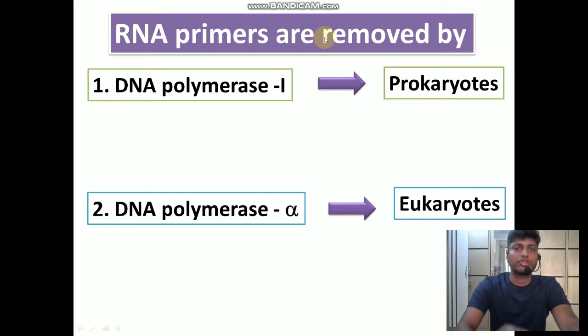There has to be some enzyme involved in the removal of primers. In prokaryotes, the enzyme is DNA polymerase 1, whereas in eukaryotes, the enzyme is called DNA polymerase alpha. So these two enzymes help in removal of the RNA primers.